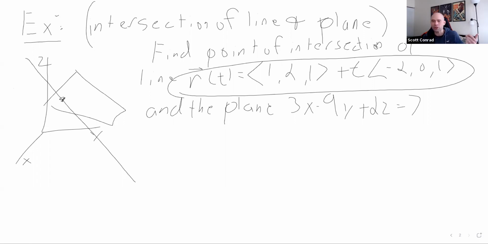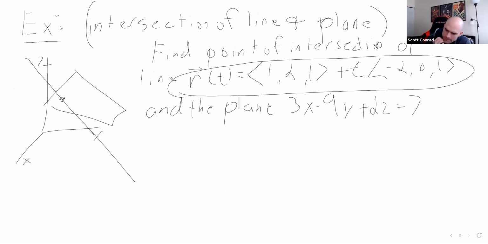We'll see later that when you parameterize a line, you can think of it as describing a particle moving along your line in time, and your particle is at some point at a given time t, right? So when you plug in a value of t, that gives you a point on your line. Technically, a vector corresponds to that point, but same thing. So what we want to do is find a value of t. We want to find the value of t where we hit the plane, basically.